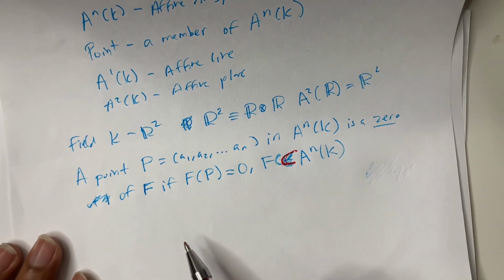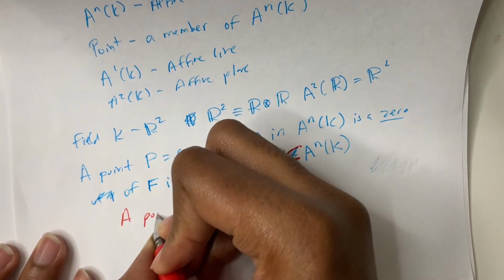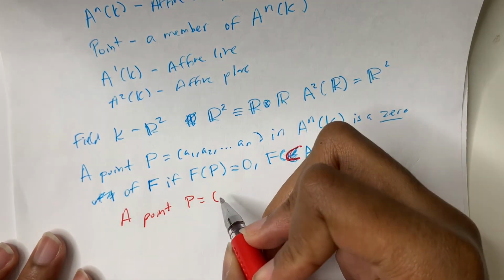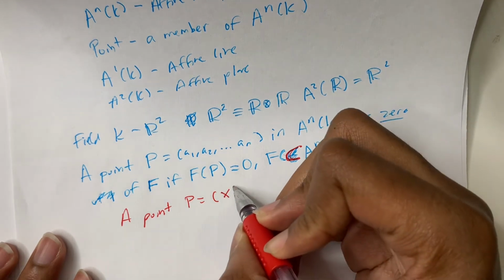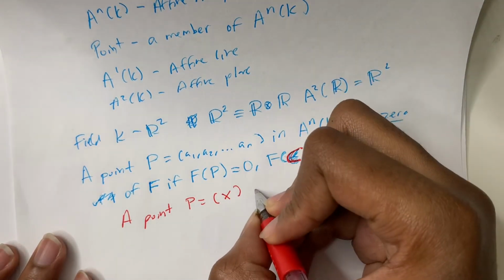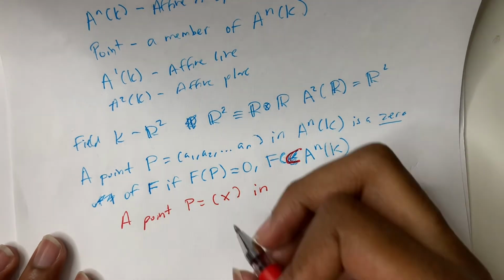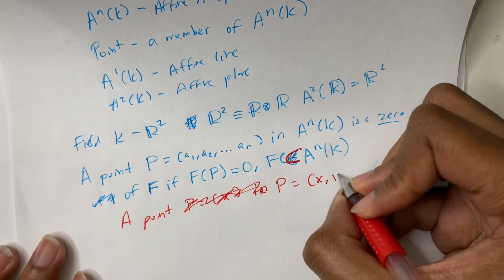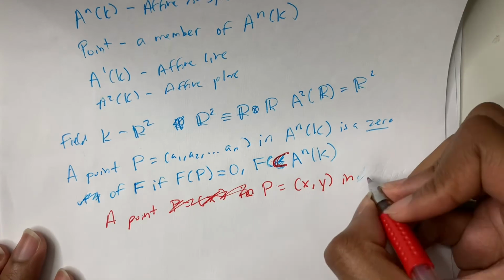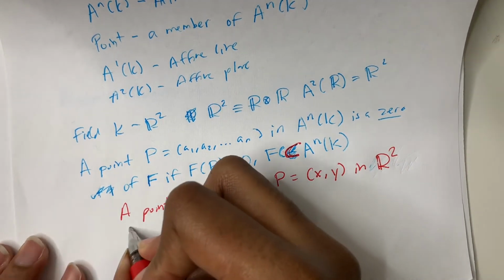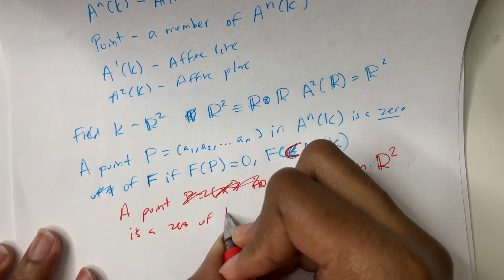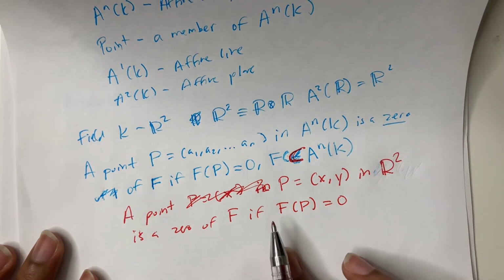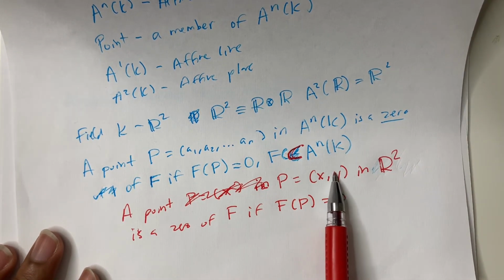Here we'd have a point P = (x, y) in A_n(K), which is just the R^2 plane, and it is a zero of some function f if f(P) = 0. This of course implies that y is going to be 0.